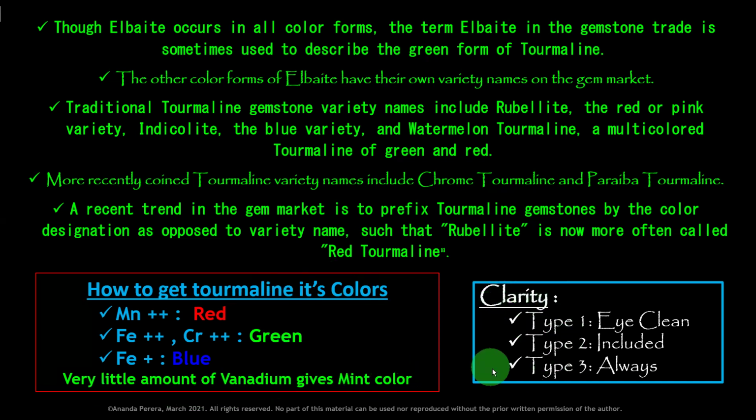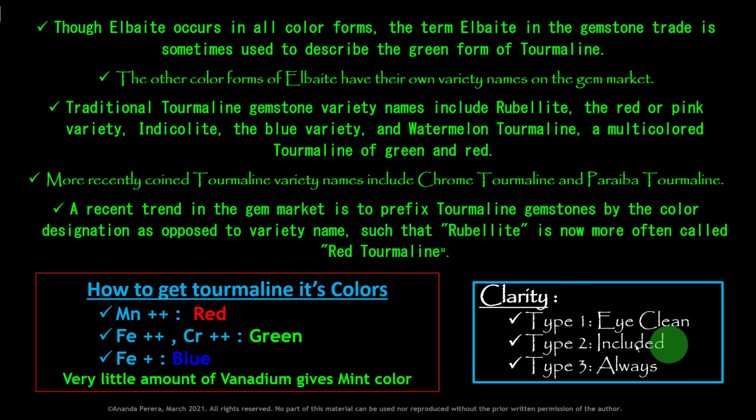This is the clarity. When we give the clarity of the stone, we don't say loupe clean or eye clean. Type 1, type 2, type 3 are the varieties we use for the clarity of tourmaline stones. Not loupe clean, not eye clean. Loupe clean, eye clean comes with sapphires. Normally type 1 is eye clean.